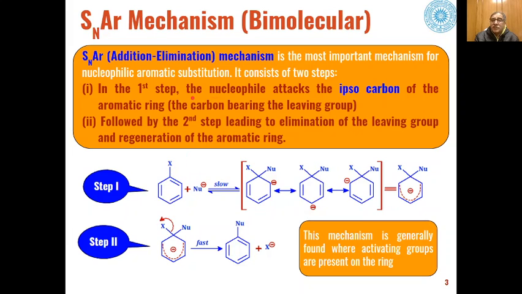So in the first step we can say the nucleophile attacks the ipso carbon. Ipso carbon is the carbon to which the nucleophile will get attached, where the leaving group is present. So the carbon having the leaving group is the ipso carbon, and the nucleophile will get attached to the ipso carbon of the aromatic ring.